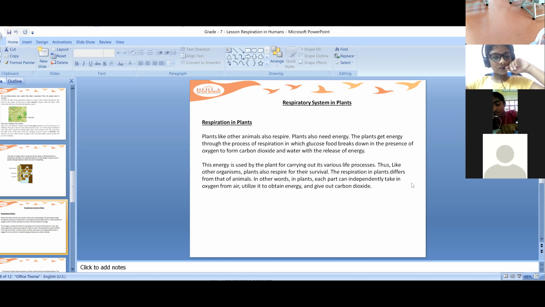In respiration, they inhale oxygen and exhale carbon dioxide. But in photosynthesis, they inhale carbon dioxide and exhale oxygen. Yes, good.